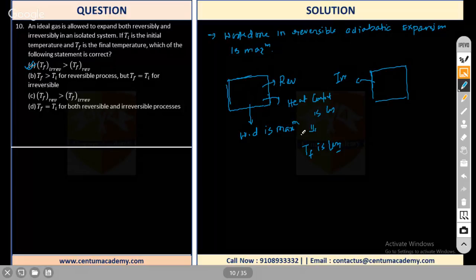No, it's not. That's what I'm explaining, Amog. What is the doubt you have? Tell me. When the work done is more, it means more energy of the system has been utilized, and hence the temperature will be less.